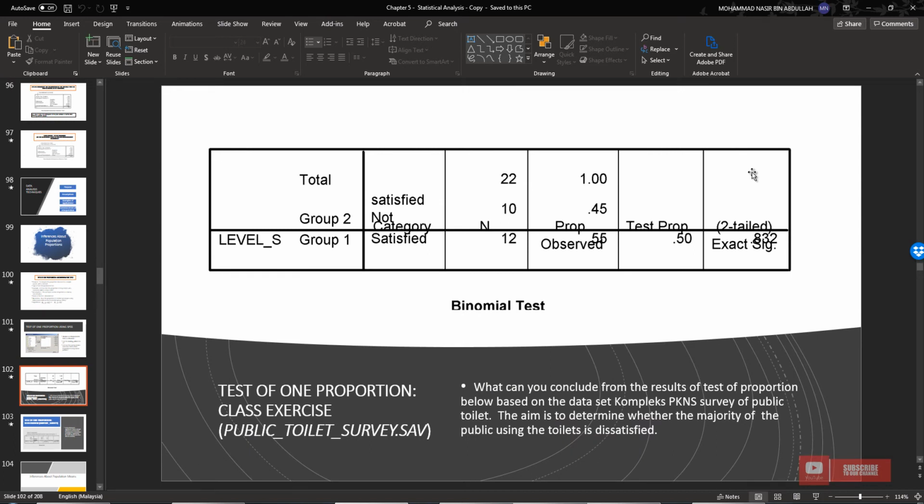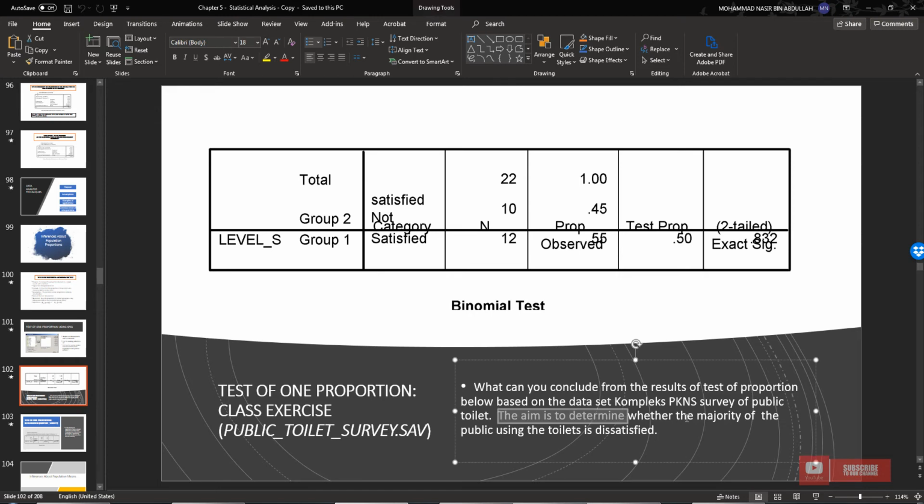The SPSS result, right? So this is a result presented from SPSS. So what you can conclude from the result of the test of proportion above, based on the data set, the complex PKNS survey on public toilets.